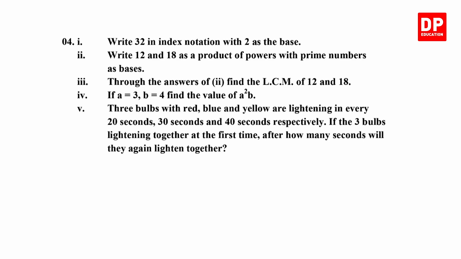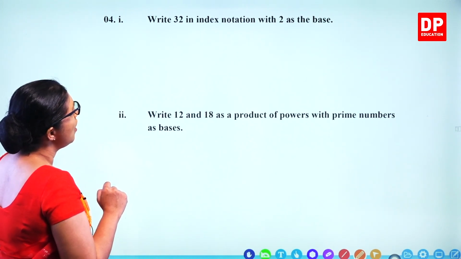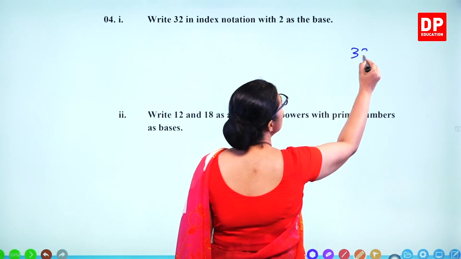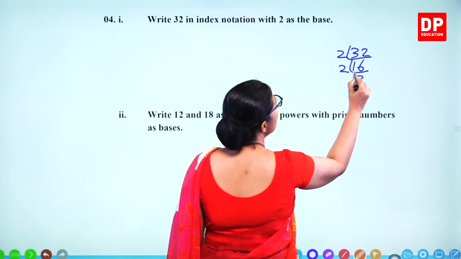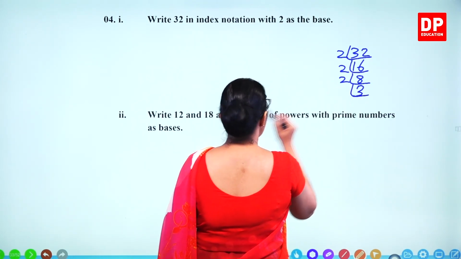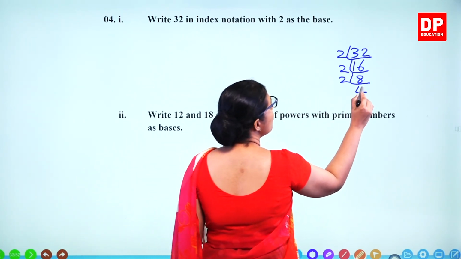Question number 4 now. Let's do that separately. Write 32 in index notation with 2 as the base. So how can you write 32? When you divide by 2, you get 16. Divide by 2, 8. Divide by 2 again, 4.